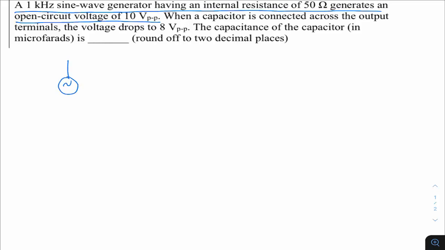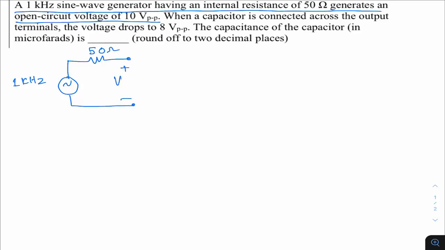This source is a sinusoid. Its frequency is 1 kilohertz. Its internal resistance is 50 ohms. And this is generating a voltage of 10 volt peak to peak. That means this is your open circuit voltage, right?